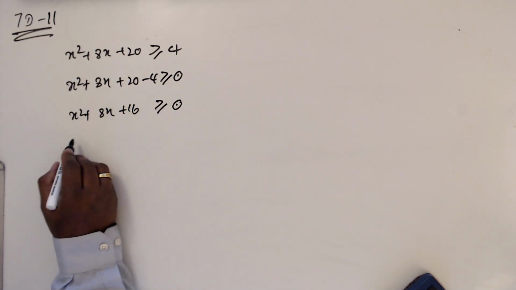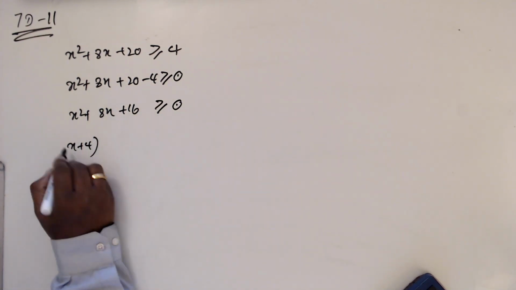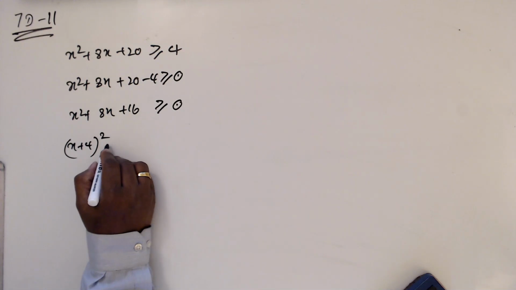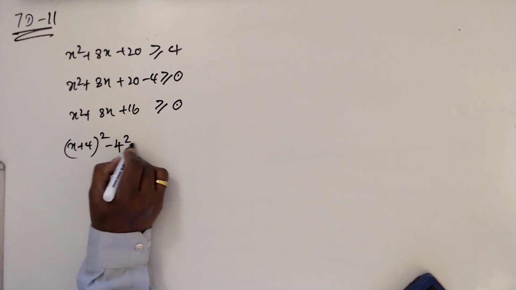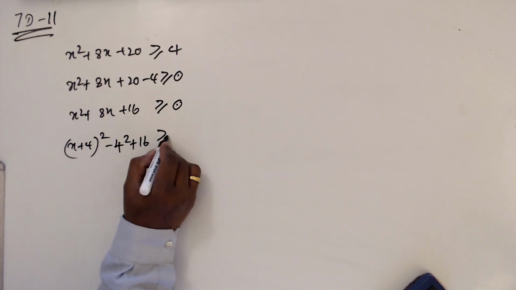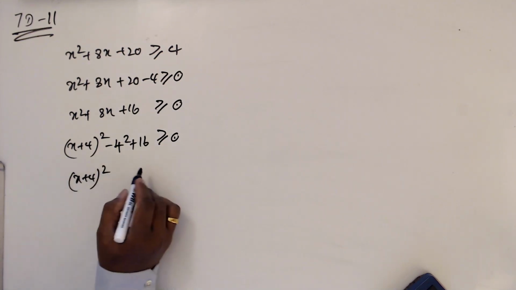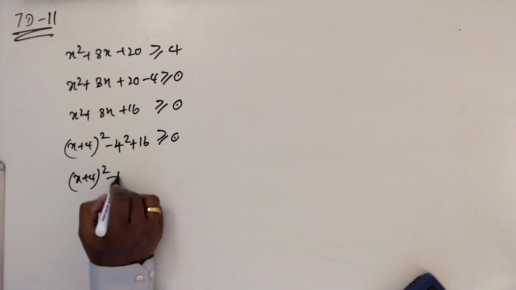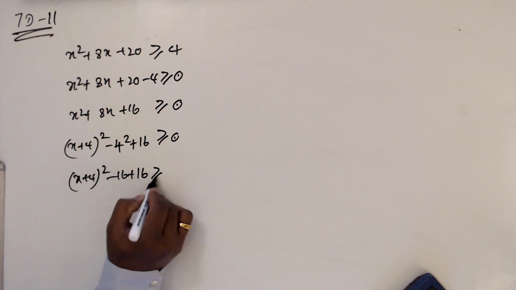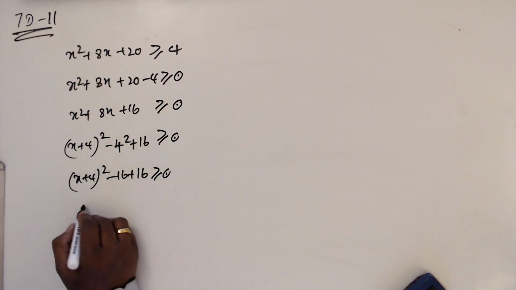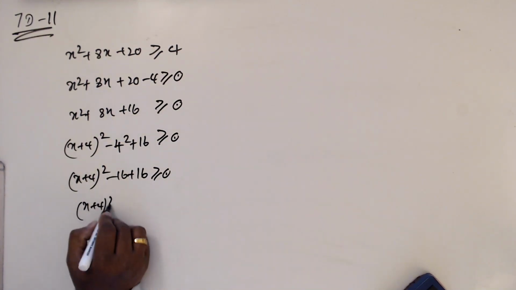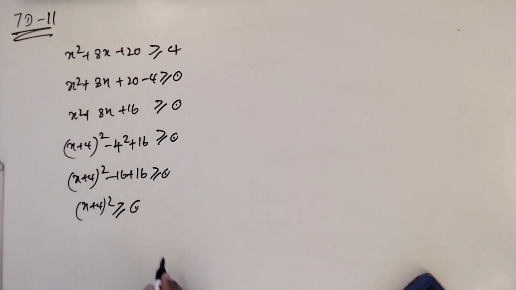I'm going to complete the square. (x plus 4) squared minus 4 squared plus 16 is greater than or equal to 0, which is minus 16 plus 16. It means (x plus 4) squared is greater than or equal to 0.